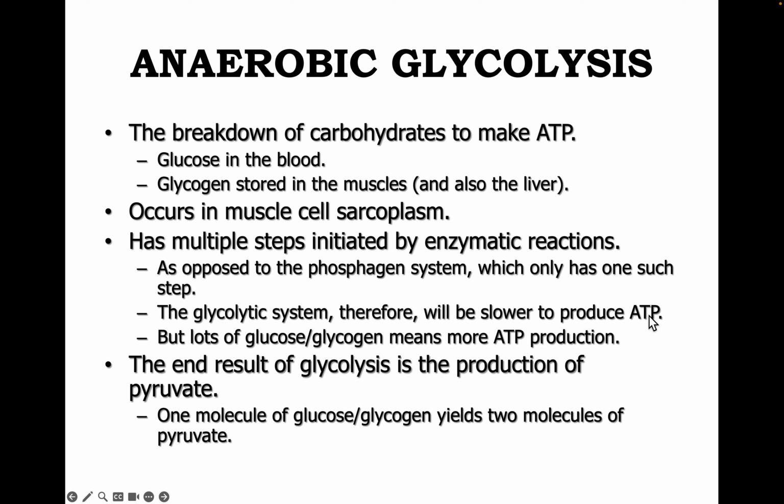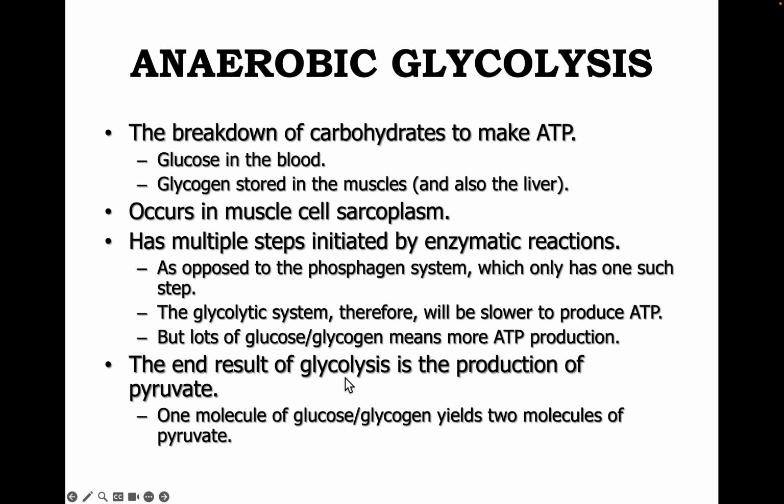So anaerobic glycolysis is slower than the phosphagen energy system in creating ATP. However, because there's quite a bit more glucose and glycogen in our bodies, and we can get it by consuming carbohydrates, anaerobic glycolysis can produce far more ATP than the phosphocreatine energy system.